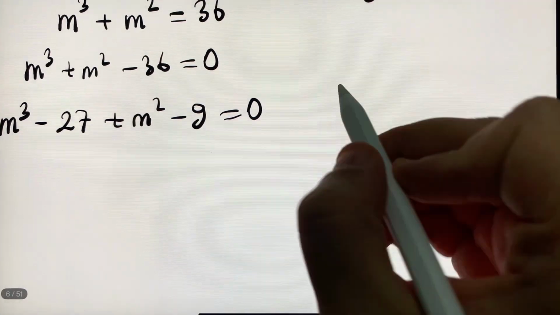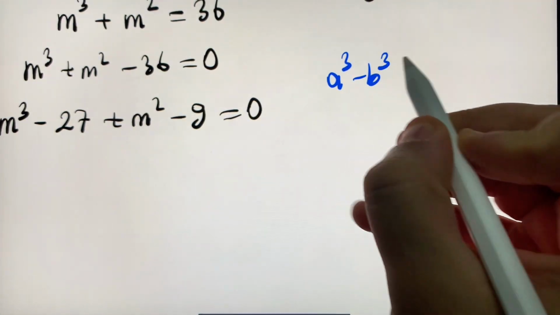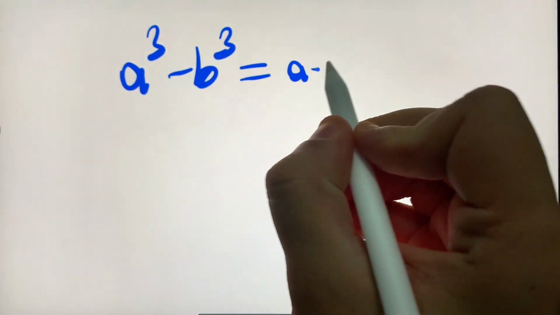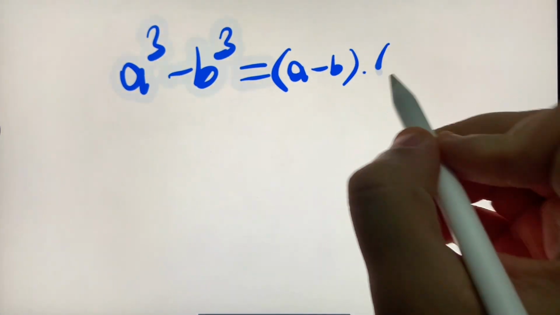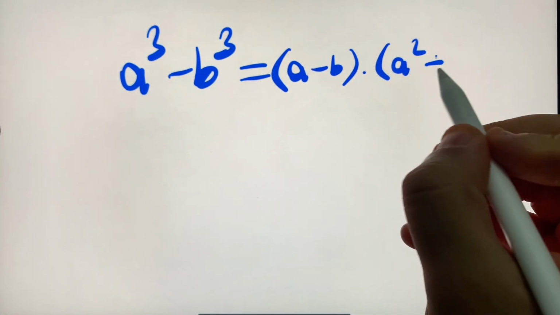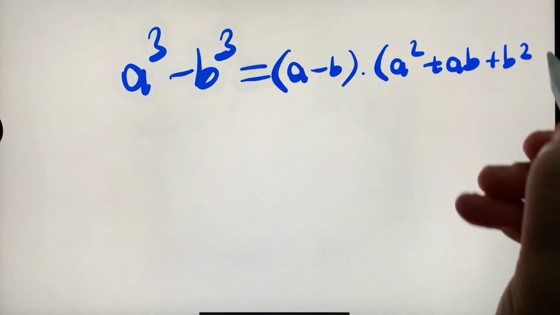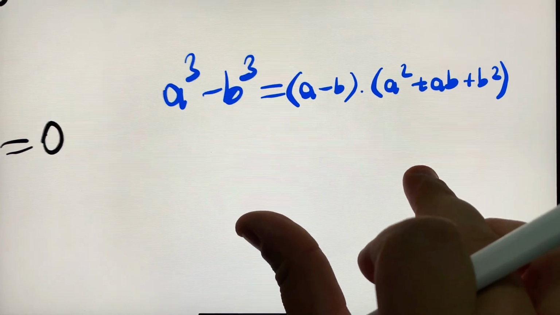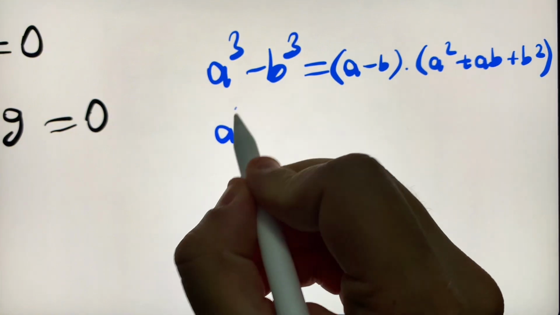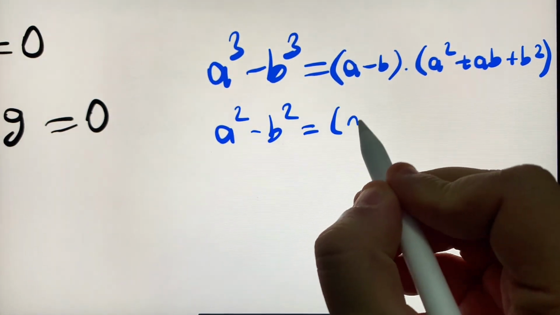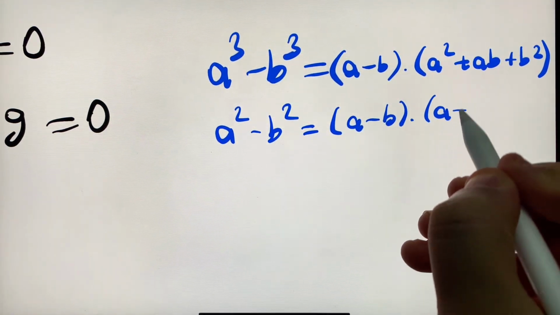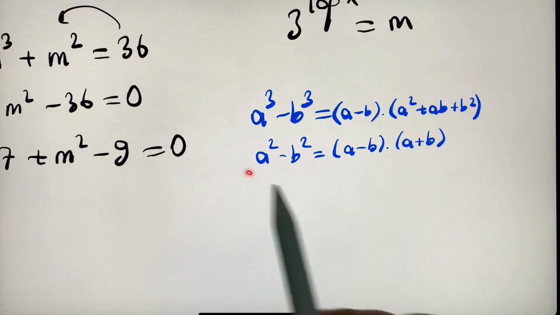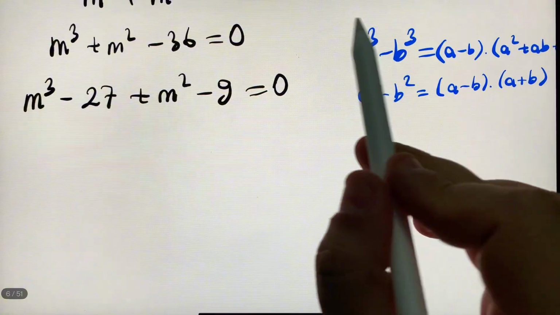This came to my mind right away. Remember the identity we call a cube minus b cube. How could I write this? A minus b in brackets times a squared plus a times b plus b squared. And a squared minus b squared, I can express again in the form a minus b times a plus b. Now where will I apply what I found?